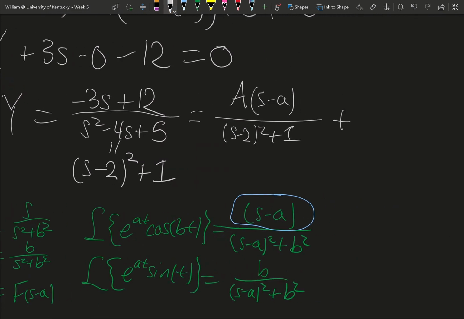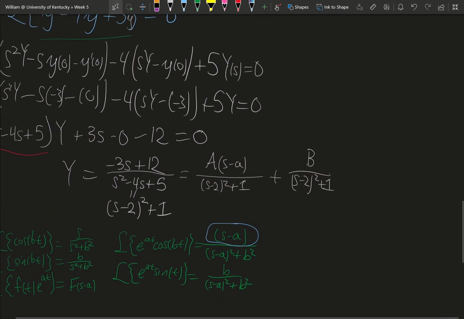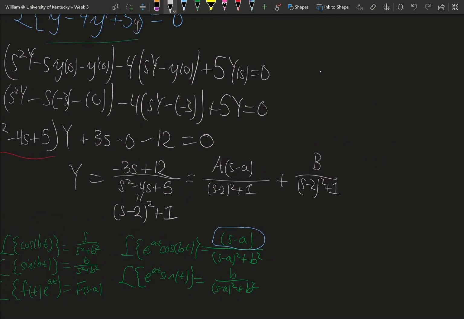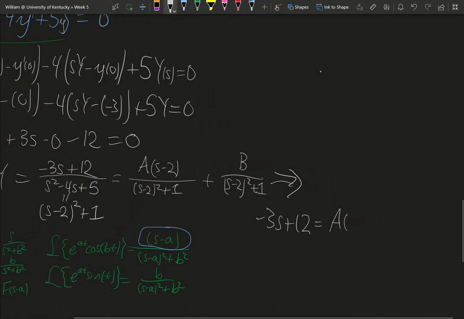Here you could multiply by b, but I'm not going to. I'll just remember at the end to divide by b when I take the inverse transform. So again, we multiply through. We'll get negative 3s plus 12 equals a, oh, that should not be a, that should be 2, times s minus 2 plus b.